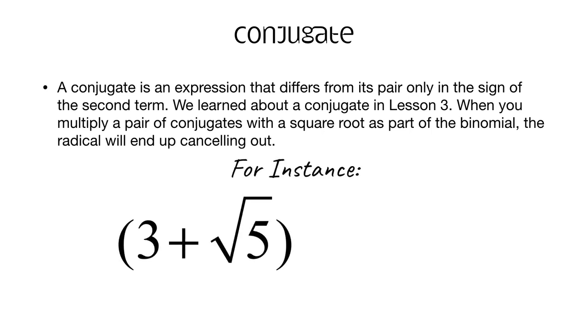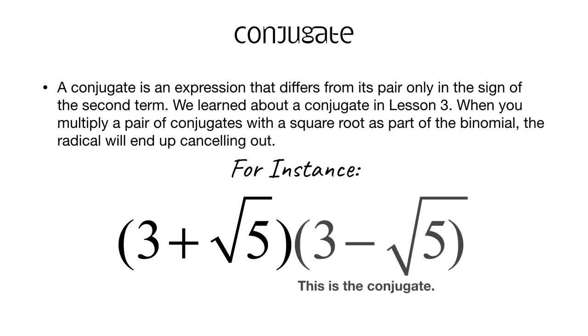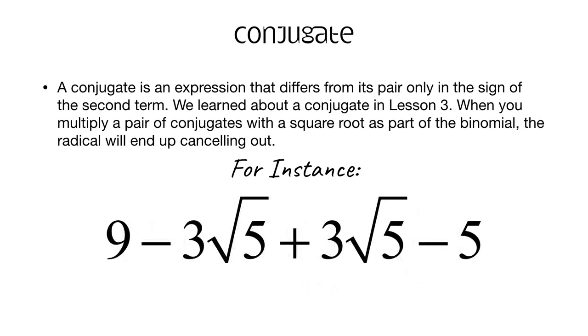So let's look. Here's an example of a conjugate. If I have this original phrase, 3 plus the square root of 5, I can multiply it by its conjugate right here, 3 minus the square root of 5. If I FOIL it out, it becomes 9 minus 3 square roots of 5 plus 3 square roots of 5 minus 5. Here we go. This is the FOILed version.